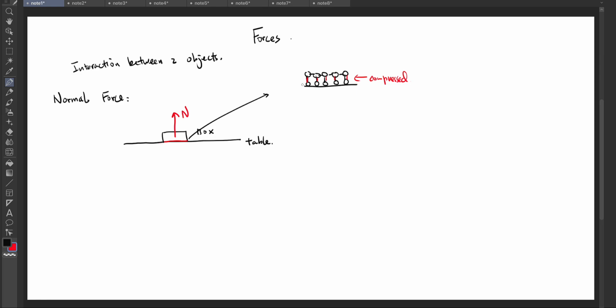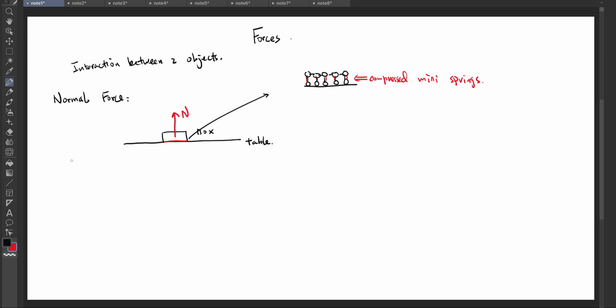That's because we can model this like a spring. So compress the mini springs. And the spring will apply this force between the two objects on such a surface. So that's why we got this normal force. Okay, so from microscopic point of view, it's because of the compression of the chemical bonds.